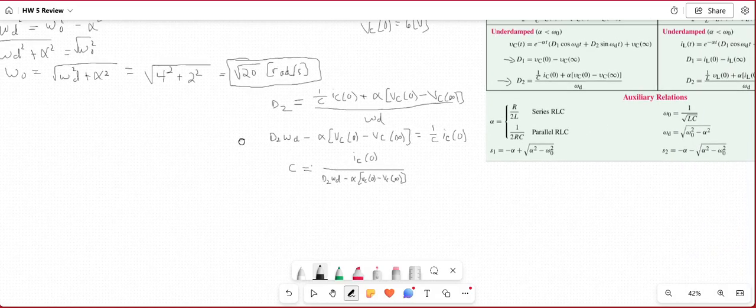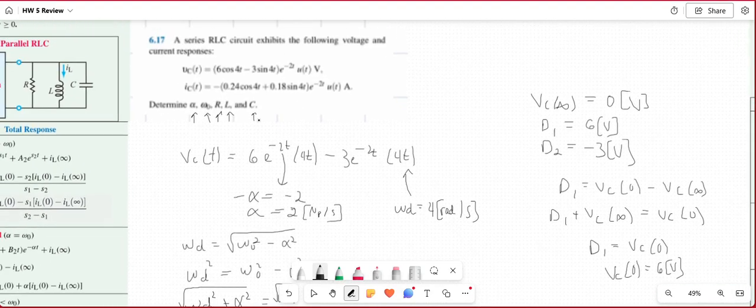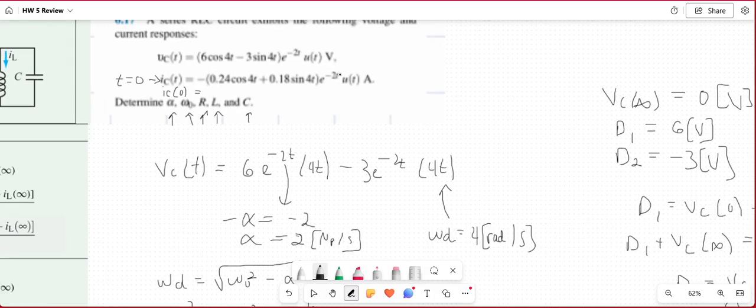Okay, and look, we need to find IC of 0, right? But it gives us IC of T here. So when we plug T equal to 0 for all T's in here, for IC at 0, and you just plug in your calculator, we're going to get negative 0.24 amps.